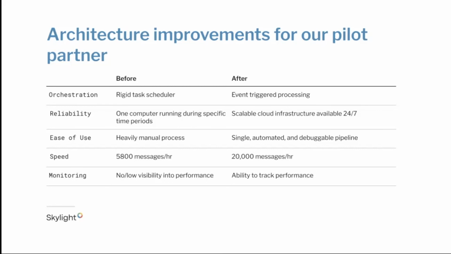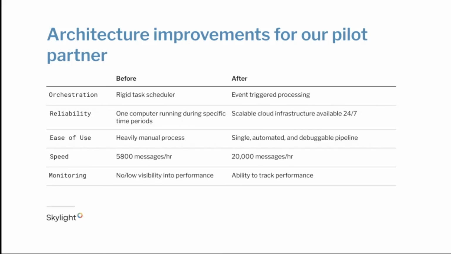The entire process that we developed is automated. There's virtually no manual input required. Our architecture is also significantly faster. We're able to handle about 20,000 HL7 messages per hour. And that's before we did any real performance tuning.